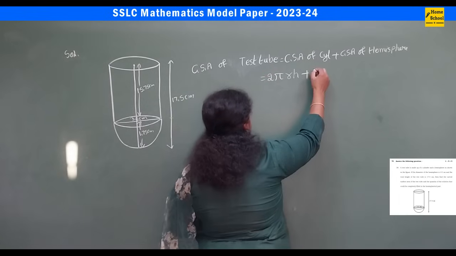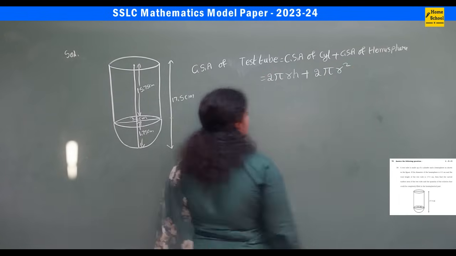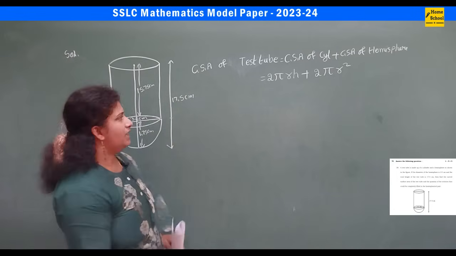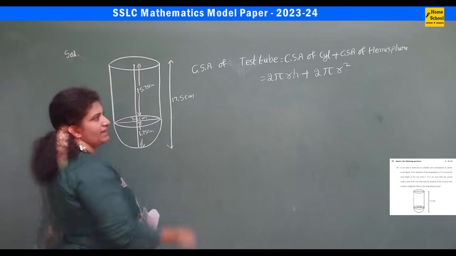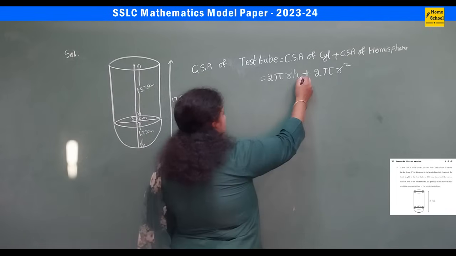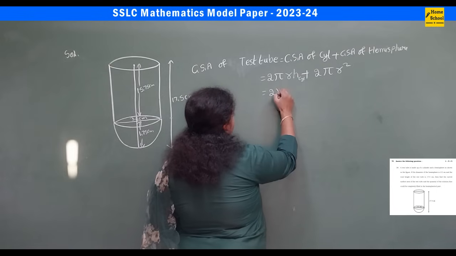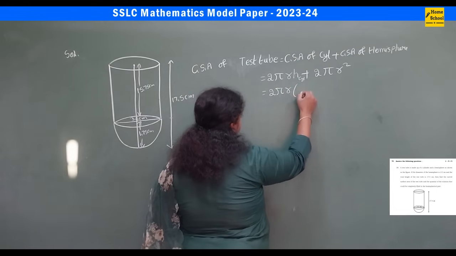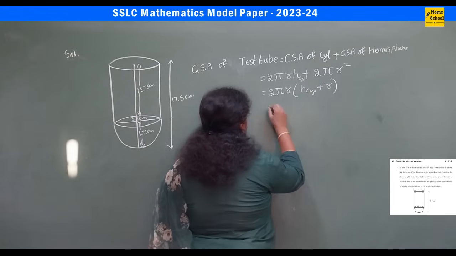CSA of a hemisphere? 2 pi r square. Is there anything common? Observe here, both the radii are the same. Height refers to the cylinder height. So I will take out 2 pi r common. Height of cylinder plus one more r.